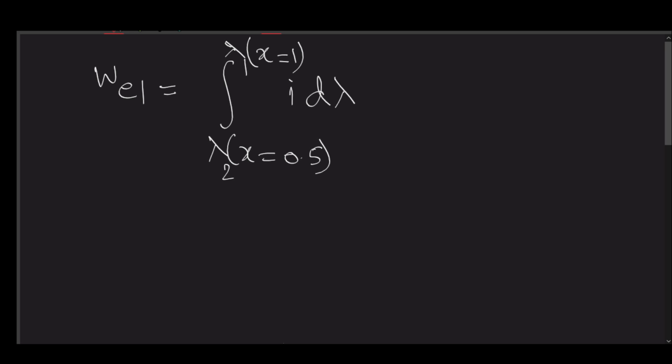So what you will get here is that I remains constant. For one source I remains constant, so if it is I1, it is I1, and you are having this I1 lambda 1.